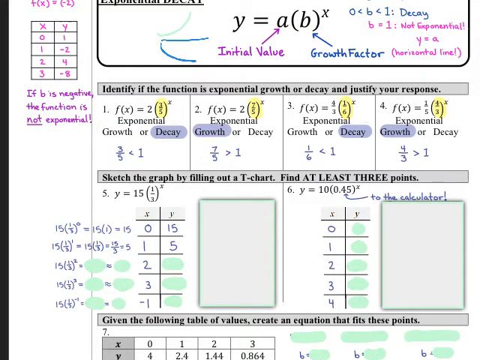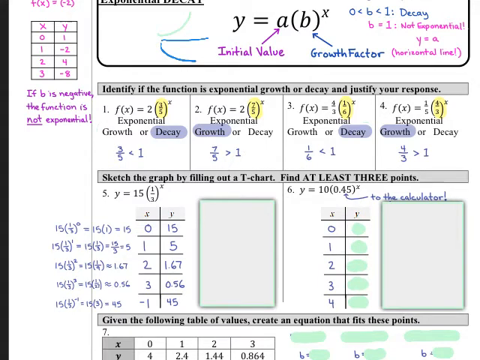Now we're multiplying 15 by 1/3, which is going to decrease the amount of the function. 15 times 1/3 is 5. In other words, you're really just doing 15 divided by 3. The rest of the values you work out the same way. I want you to use your calculator every single time.